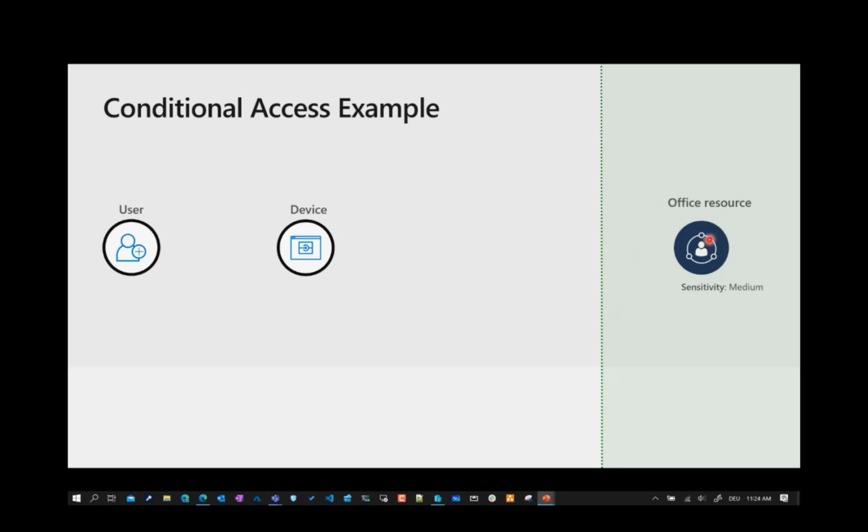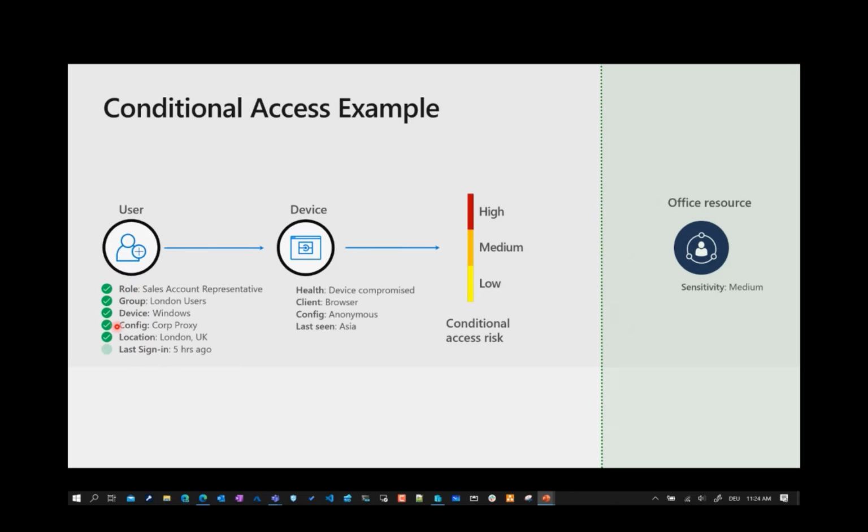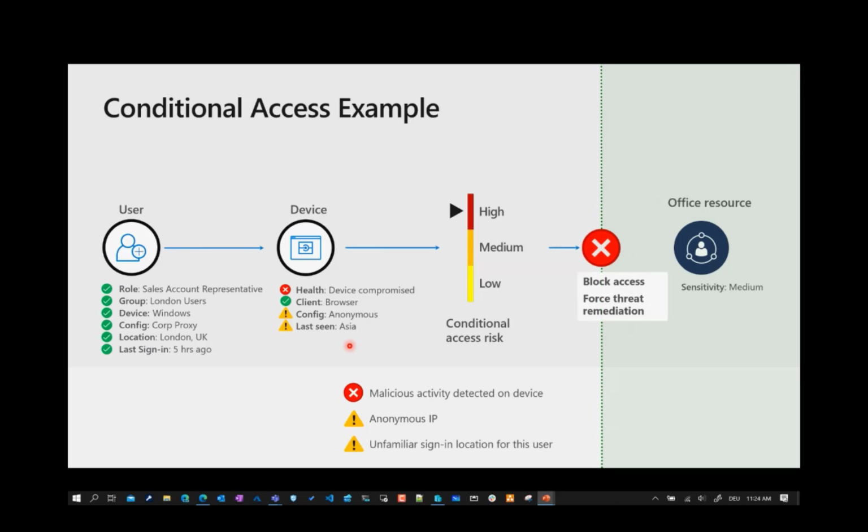So this is an example. Let's say this is an office resource, a travel expense application, and we have to access it. It will check in real time the user risk side, and the device side is through a browser. And it will say the configuration is anonymous, the location is not validated, and the device is compromised.